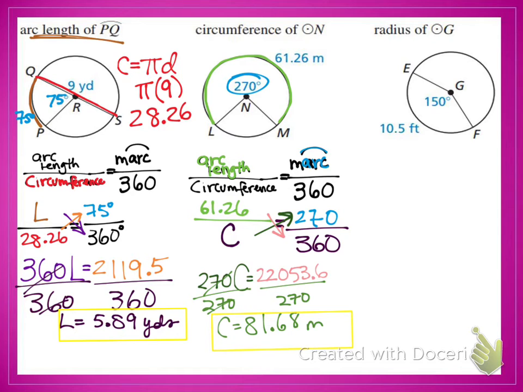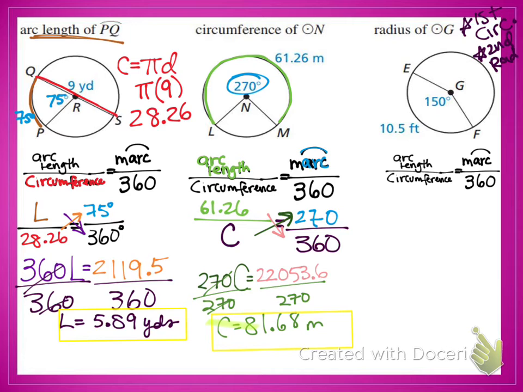Okay? This last one, there's actually 2 steps. We're finding the radius. The very reason I told you to make sure you're labeling is in this question, the radius, we're going to use the same formula. What part of the arc length formula would be helpful to know in order to find the radius? The circumference. So we're first going to find the circumference, and then second, we will find the radius.